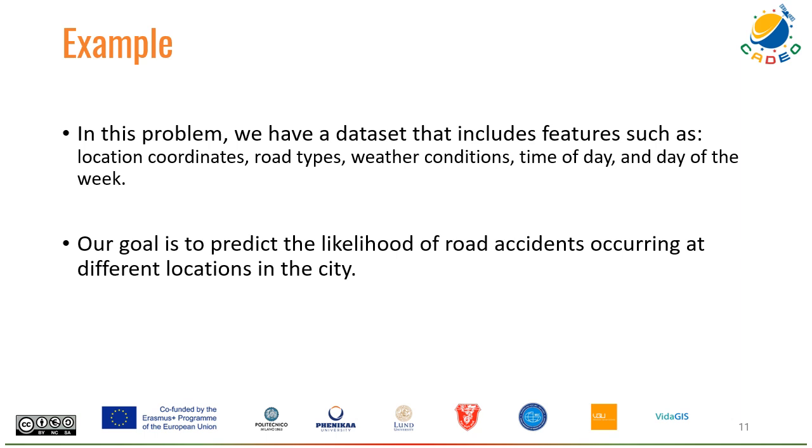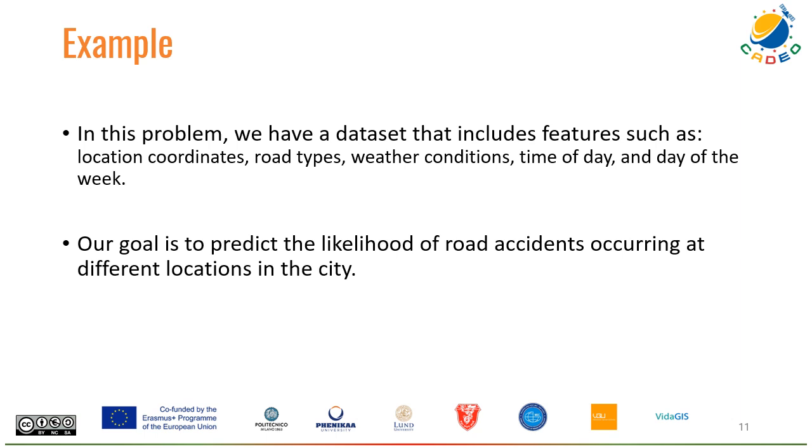By leveraging machine learning techniques, we aim to develop a predictive model that can accurately estimate the probability of accidents based on the provided features. This model will enable stakeholders, such as transportation authorities and law enforcement agencies, to identify high-risk areas and implement targeted interventions to mitigate the risk of accidents and enhance overall road safety in the city.